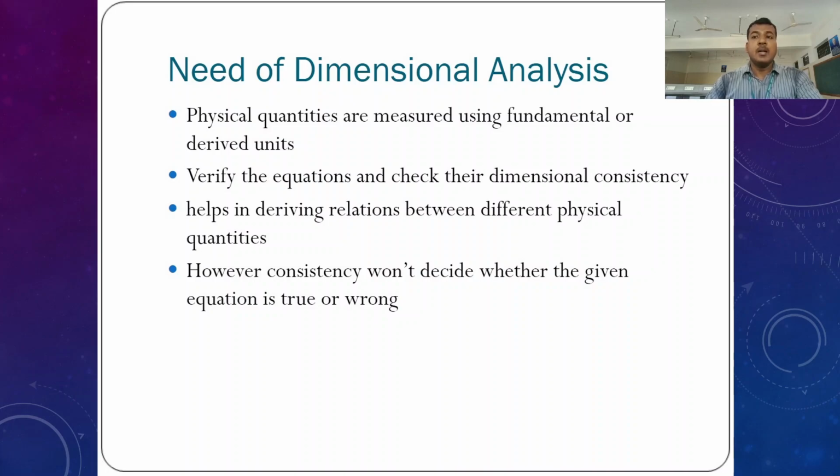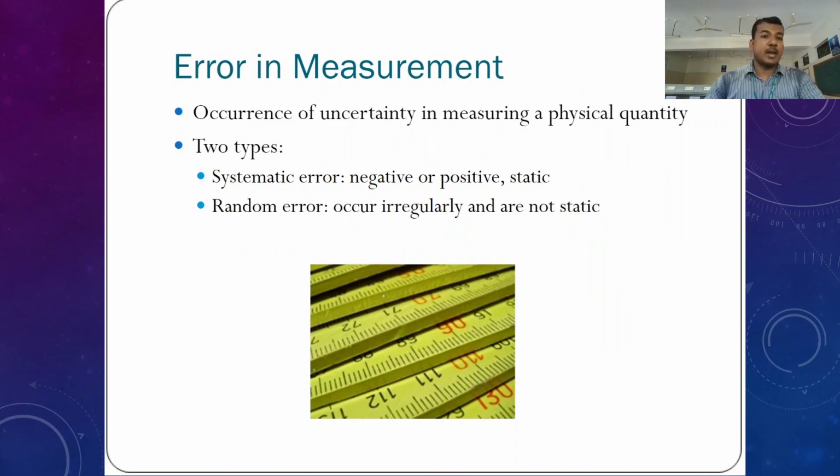For example, we know 1 foot is equal to 30 centimeters, or 1 meter is equal to 100 centimeters. And the last point is that consistency won't decide whether the given equation is true or wrong. Consistency alone is not enough to prove whether the given equation is right or wrong.